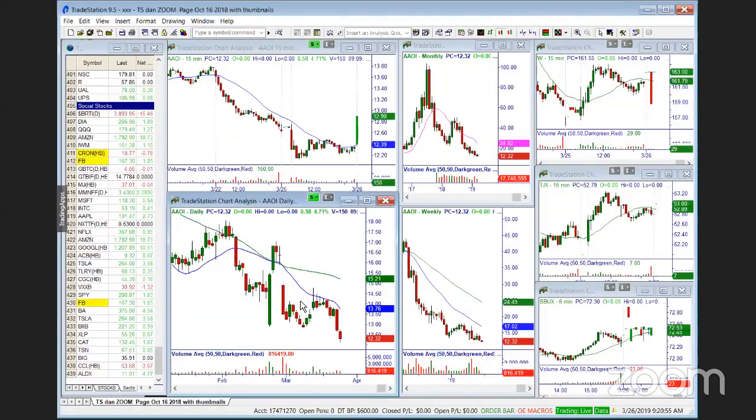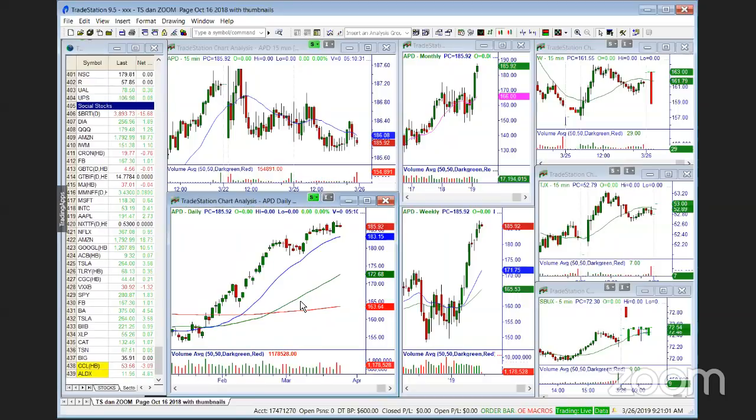AAOI, continuation short watch. We're not in it. APD, I like this over the highs. It's an extended weekly, which is a problem, but the monthly looks higher. The daily's rested here. It's had 2 resting spots, 1, 2, and it'd just be a swing trade.